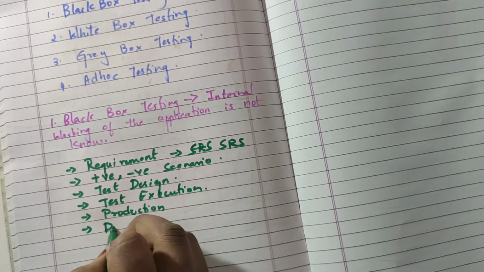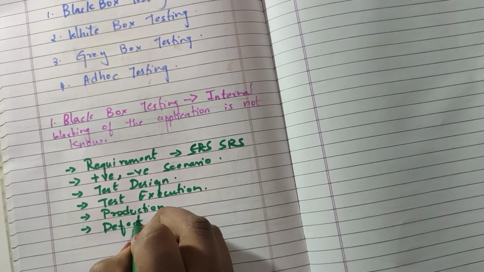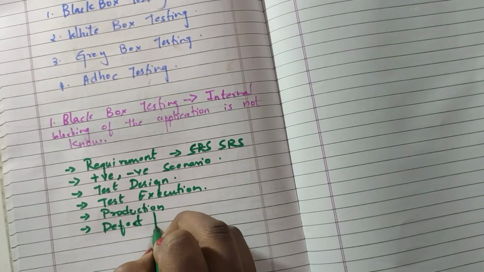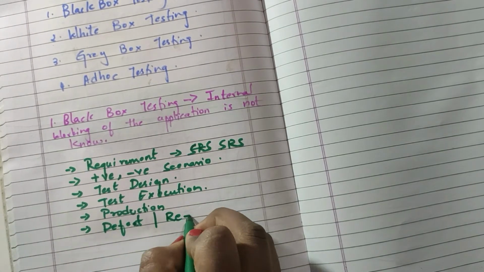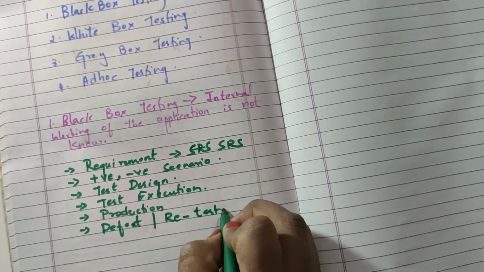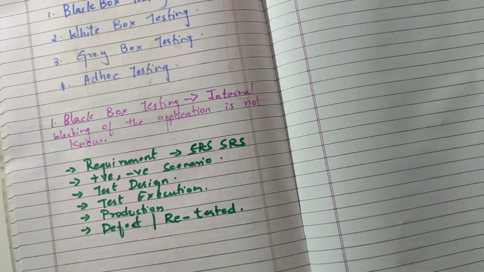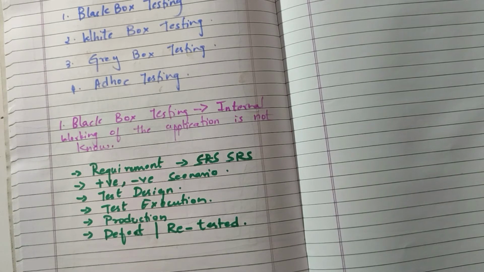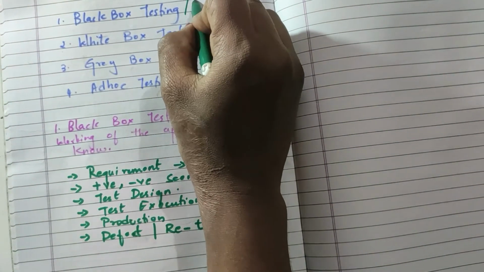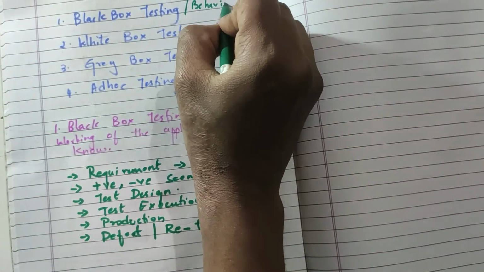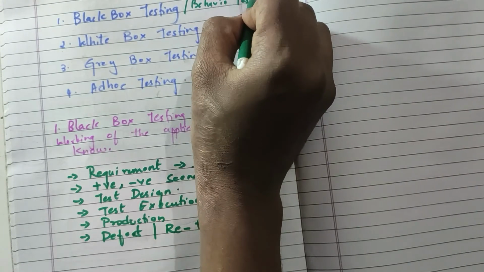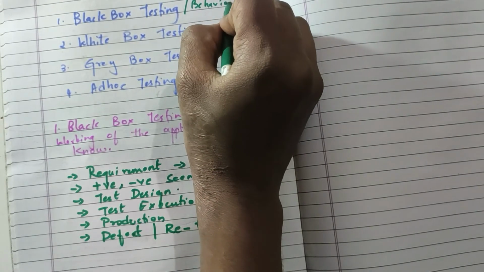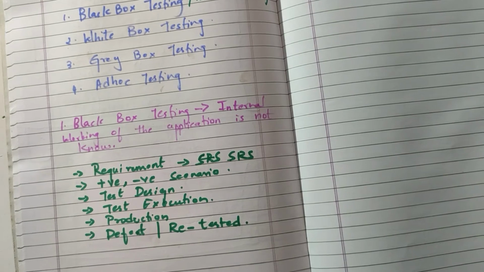If any defect or bug is found, it is reported and retested. This is what happens in the real world. Black box testing is also known as behavioral testing.